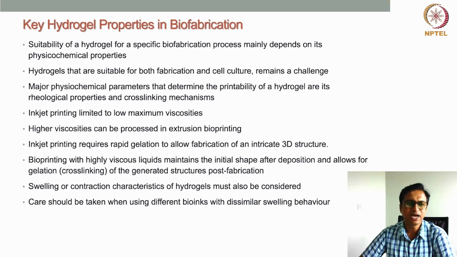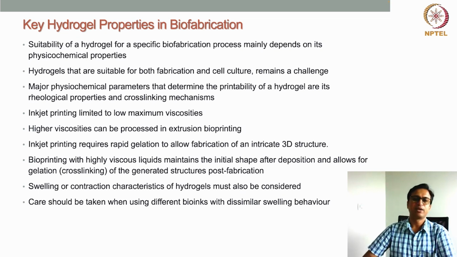For any bioprinting or biofabrication process, the suitability of a particular hydrogel typically depends on the particular application and what kind of physicochemical properties is required for it. Then we match those physicochemical properties with different biohydrogels and select a particular hydrogel.